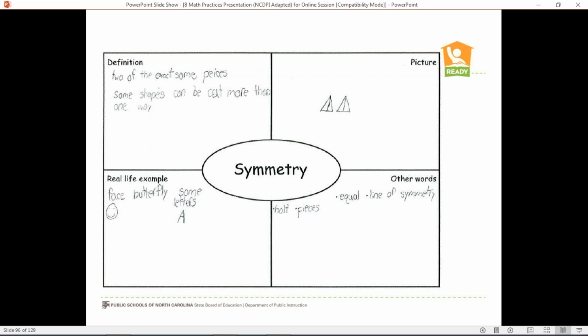So let's look at one student's sample here. I'll give you a second to read through that.